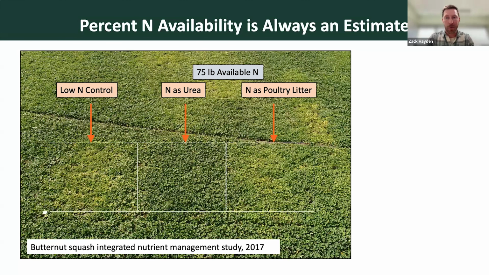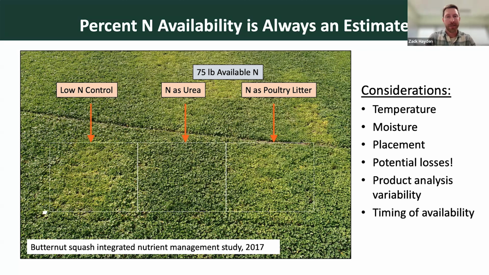What it came down to was it ended up being a really cool and dry period after we applied these fertilizers. And so we did not have anywhere near the same availability as we expected from the poultry litter in those conditions. So there's a lot of considerations into how much will actually become available in a given season, because we're relying on all those things, some of which I've listed here, that influence decomposition.